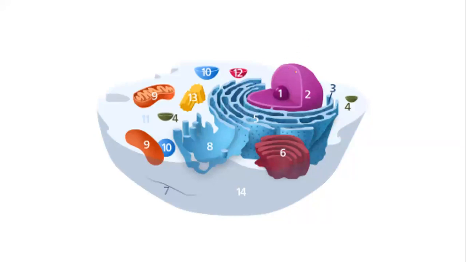We start off in the nucleus, which is here, number 1, and inside here we have DNA. DNA has all of the genes that code for proteins.